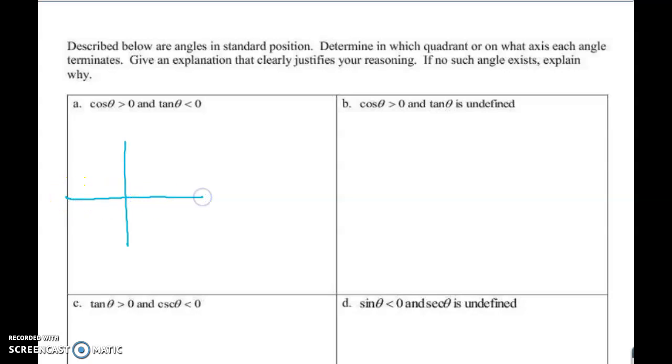The main thing with this one problem is understanding the quadrants that we're in, and as a reminder, we don't say positive, we're going to say greater than 0, but that's exactly what's happening here.